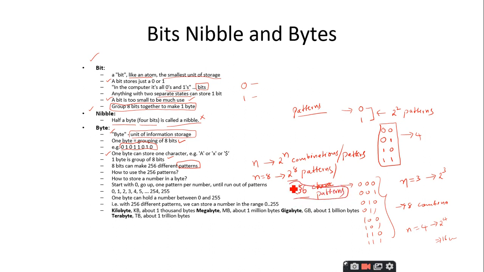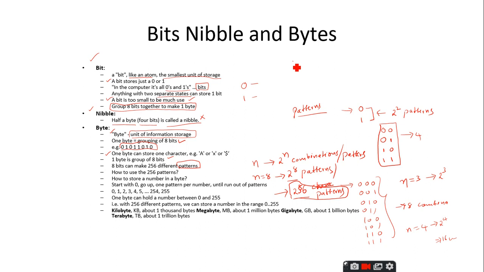These 256 patterns are different combinations of 8 bits. If you represent each and every combination as one character, you can have 256 characters stored with these 8 bits of combinations or 8 bits of data.